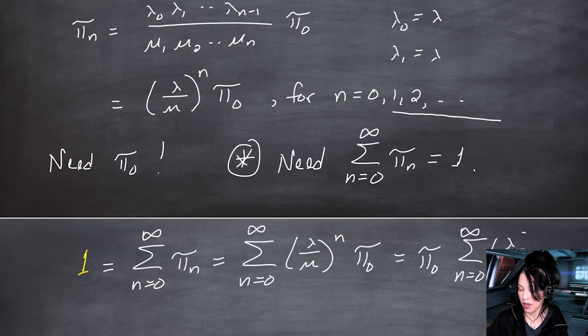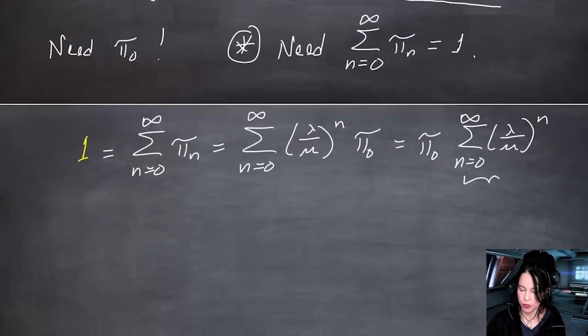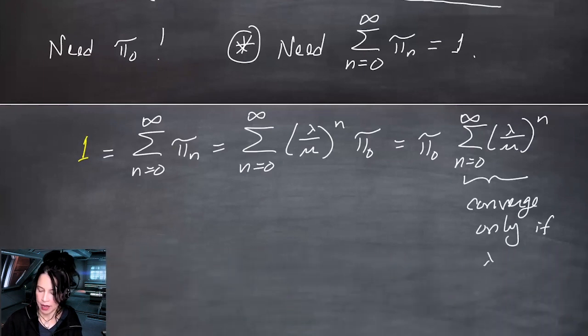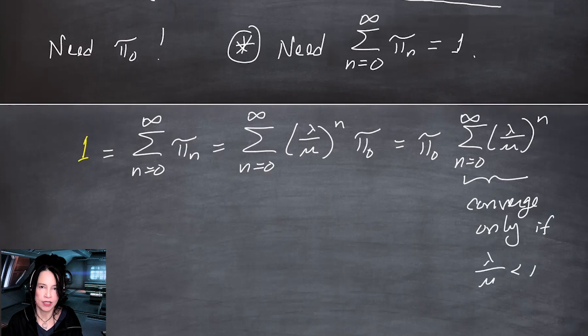But yeah, we could get in trouble if the birth rate is larger than the death rate. This will converge only if lambda over mu is less than 1. It's like an r to the n, and the magnitude of r has to be less than 1. And for rates, these are never negative, so we don't really have to think about the absolute value.